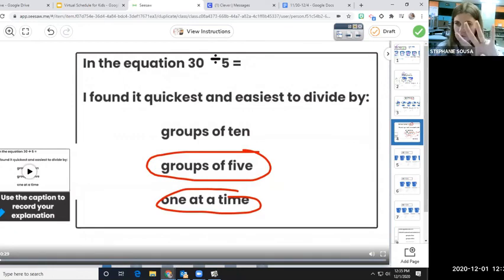Alrighty, I saw about 4 mouths moving. So I saw 4 people doing what they were supposed to. The rest of you are going to need to do that during your independent work time.